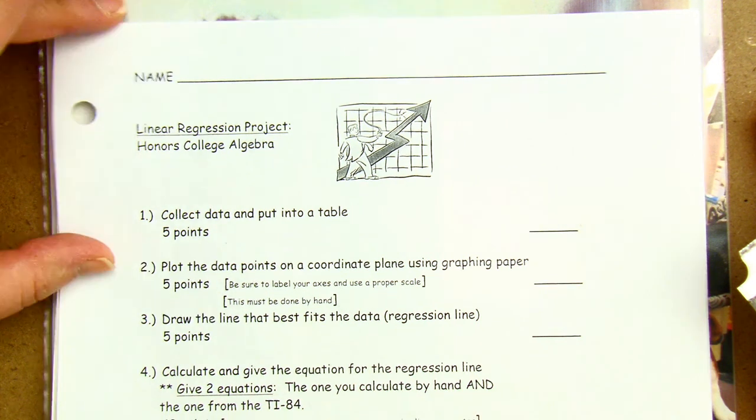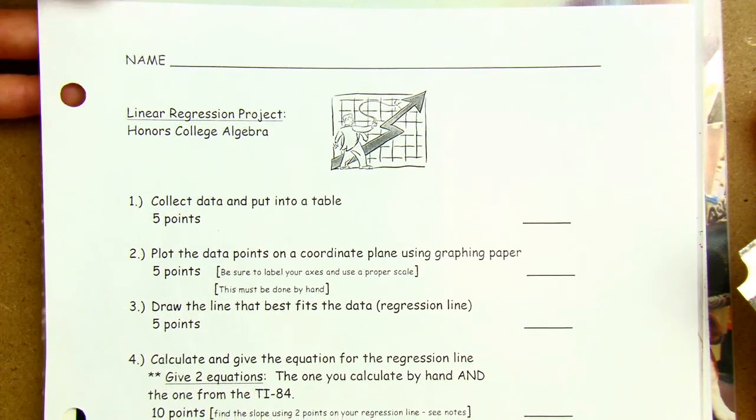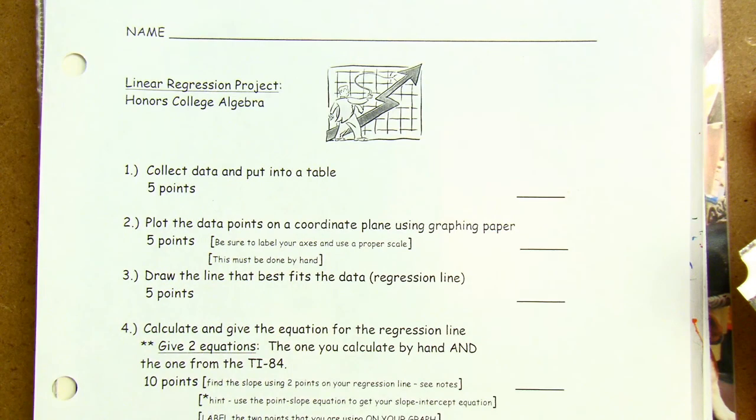But here is how the project will be graded. Again, if you choose to work with a partner, you can't just hand in one project. You must hand in your own individual project. Your line of best fit, the equation, and everything else that you do by hand should not be the exact same as your partner's, because the chances of you drawing the same exact line through the scatter plot as your partner is slim to none.